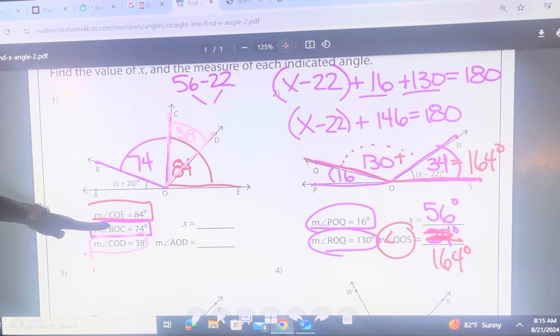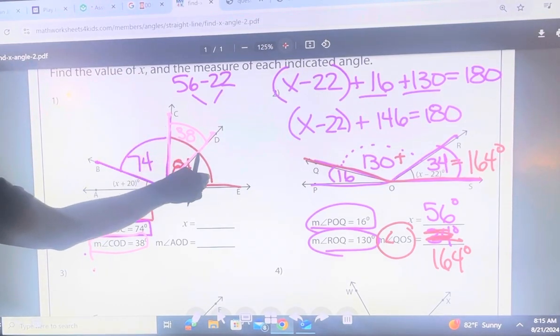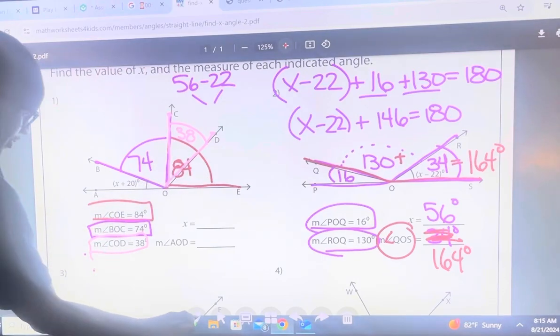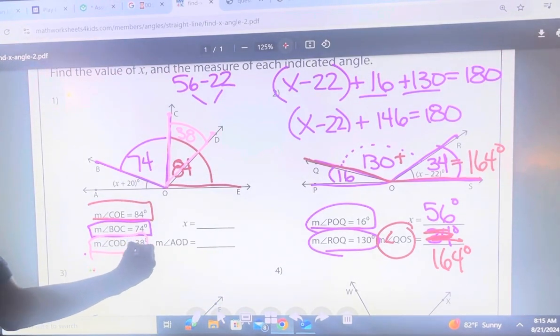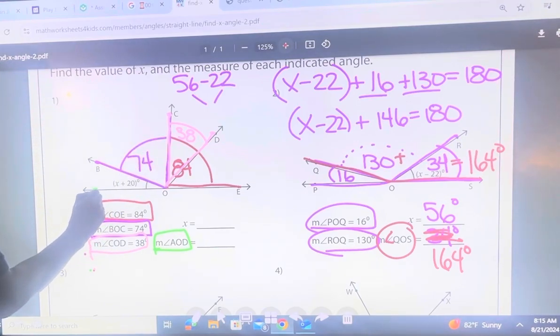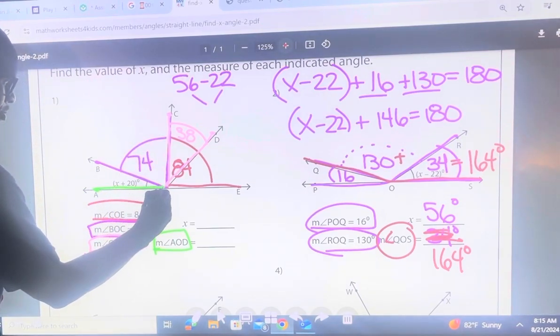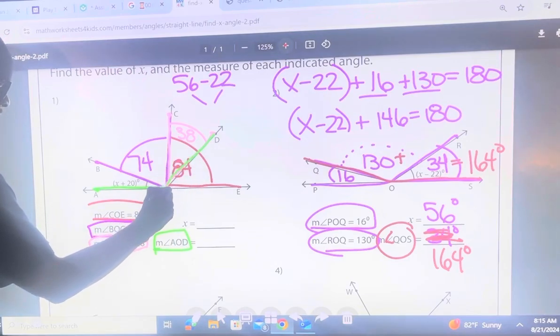If I put all of these in one equation, I should go 84 plus 74 plus the 38. You don't need the entire 84 because we're looking for this one, AOD. Do y'all see that?